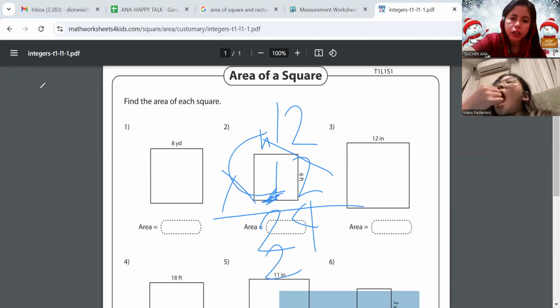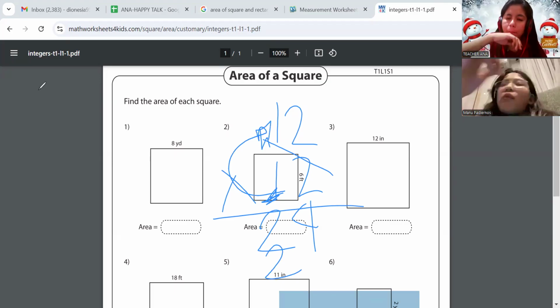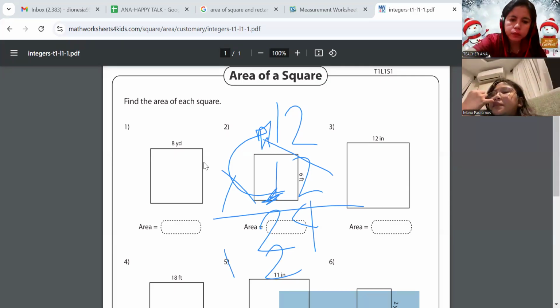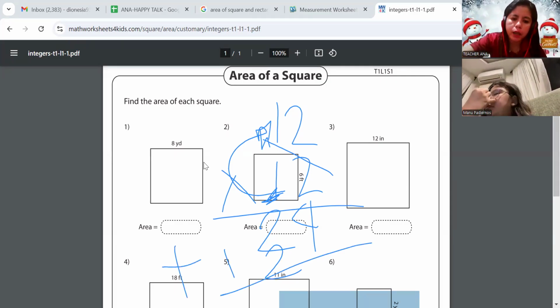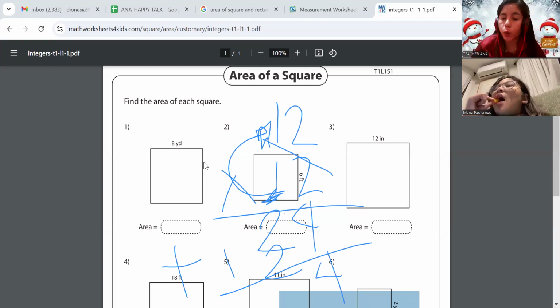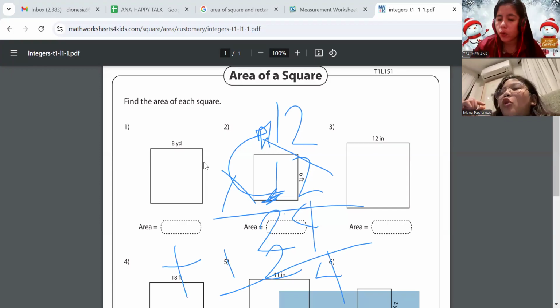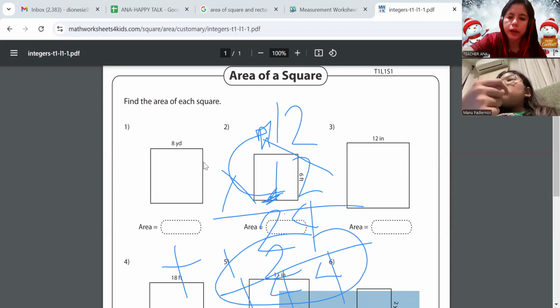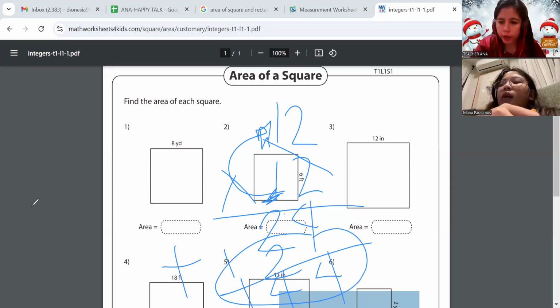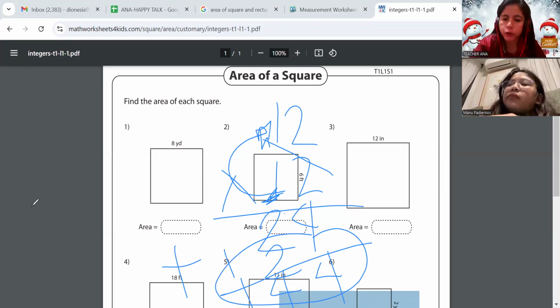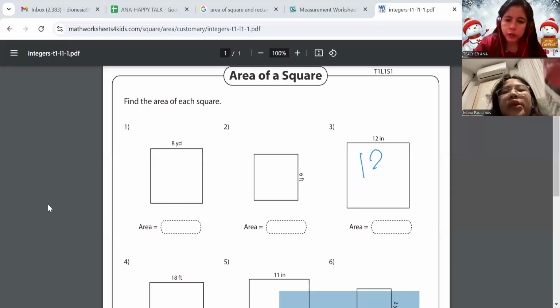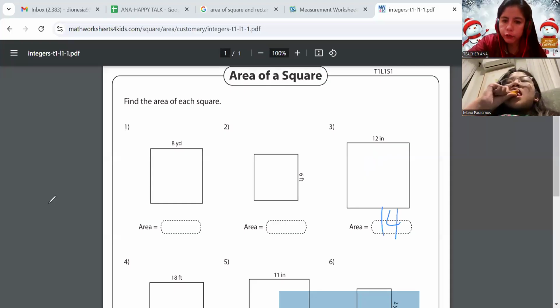And then the next digit, 1 times 1. 1. Okay, so bring down 4. 2 plus 2 is 4. And then bring down 1. So the answer is 144.